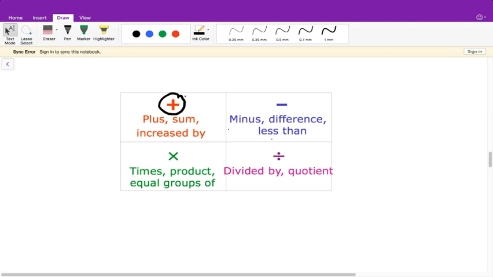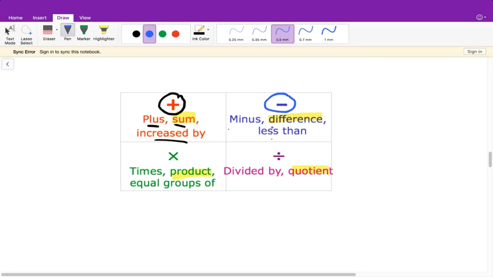So the plus sign, we simply say plus, sum, or increase by. That allows us to describe it. I'm going to talk about these words together at the end. For the subtraction sign, you can say minus, you can say difference, or you can say less than.